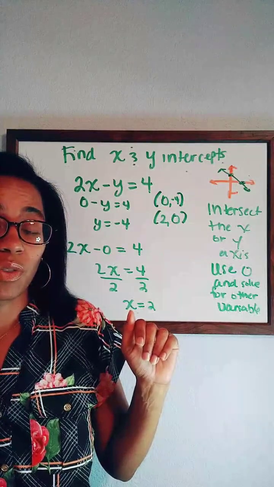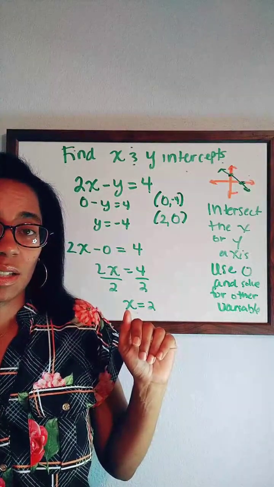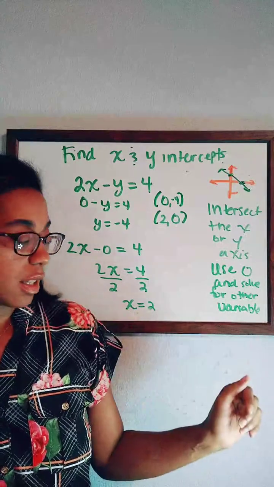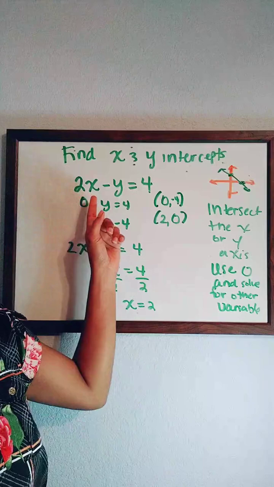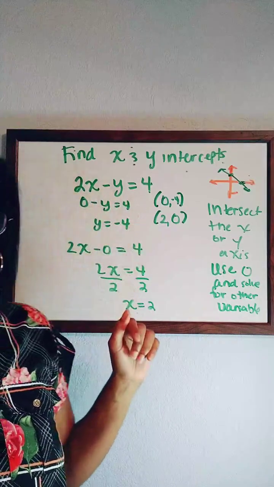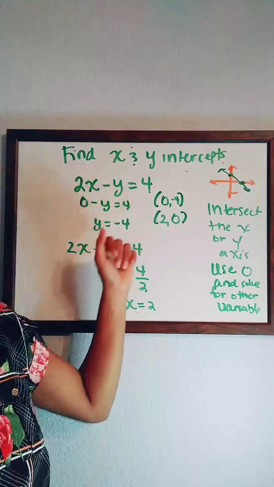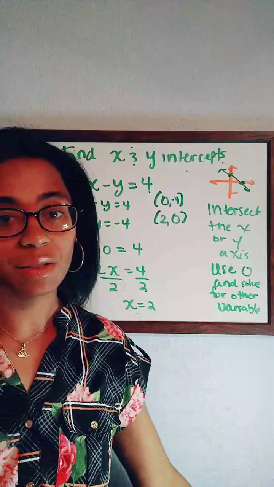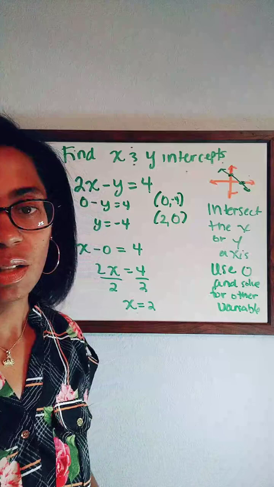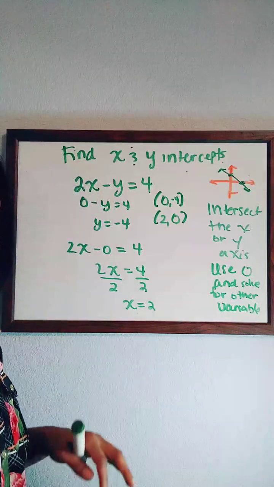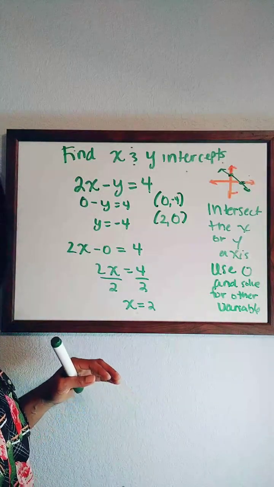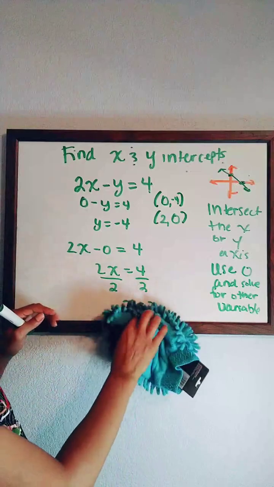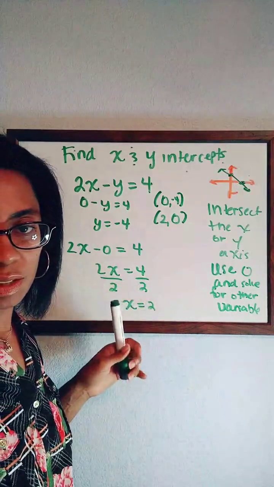Oh, if we did 4 for x. Well, let's see, 2 times 4 is 8. You just want to do a different number?